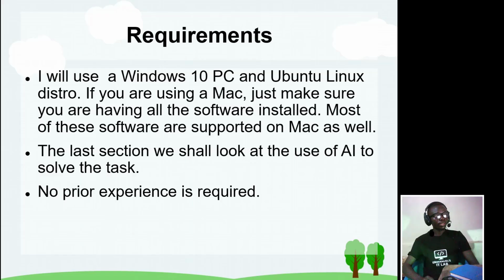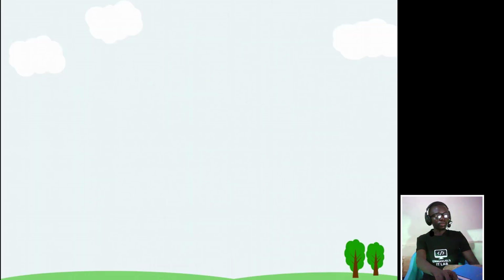When we proceed with the requirements, you also need a Windows PC, actually a Windows 10 or 11 PC. In case you're using Ubuntu, it is okay. In case you're using Mac, it is okay. You only need to have all the software installed. In the last section, we shall see how to use AI to solve that very problem. A keynote is that there's no experience required.